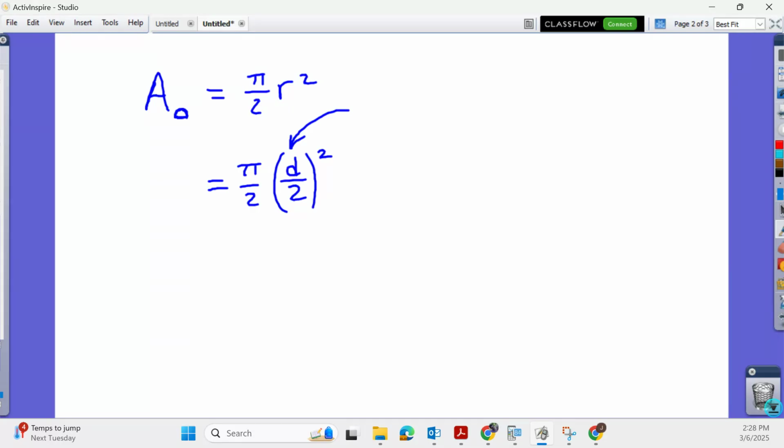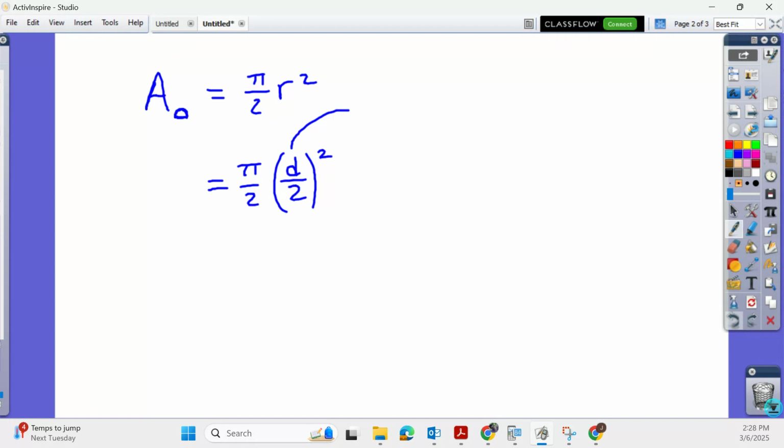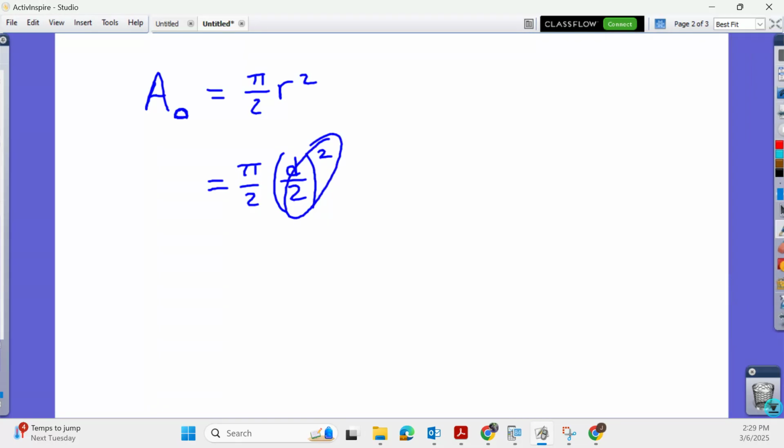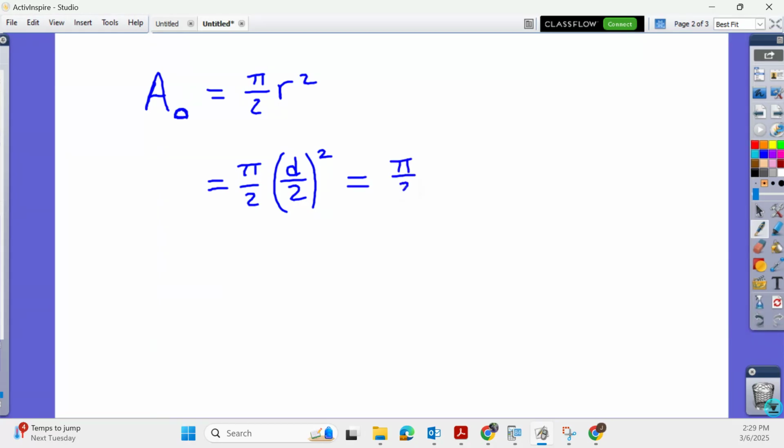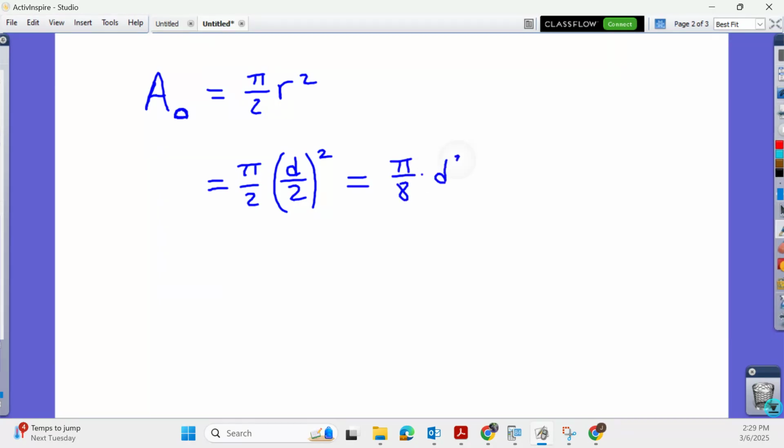But there's a good reason to not do that and instead to do a little algebra first. If we take that 2 on the bottom and square it, it's a 4 on the bottom, and this is equivalent to pi over 8 times the diameter squared. And this is the formula I'm going to use.